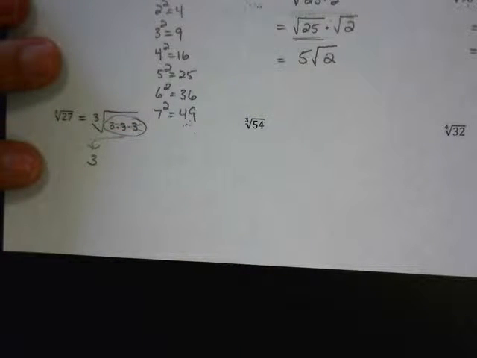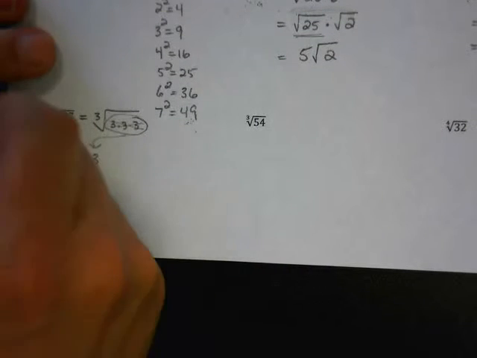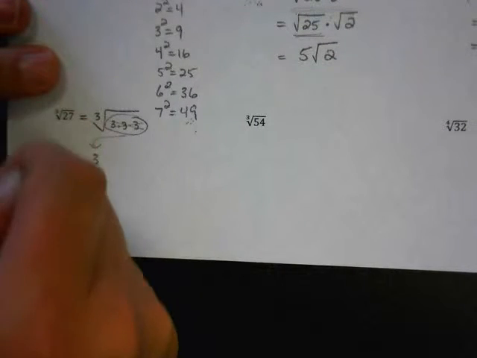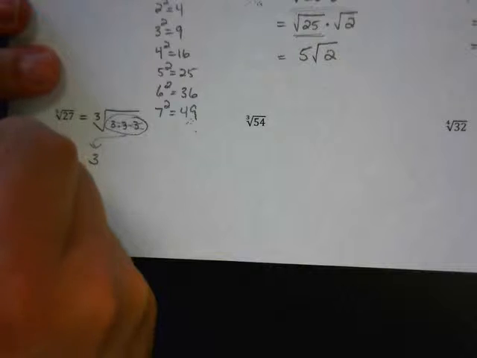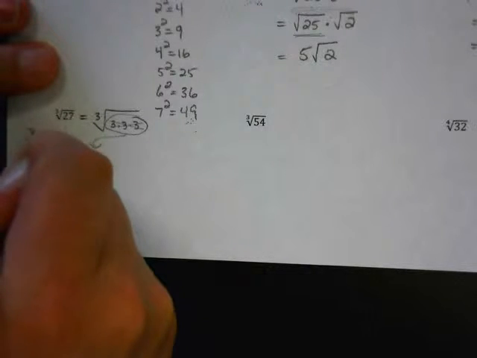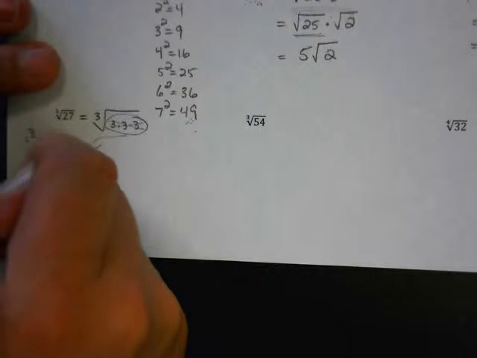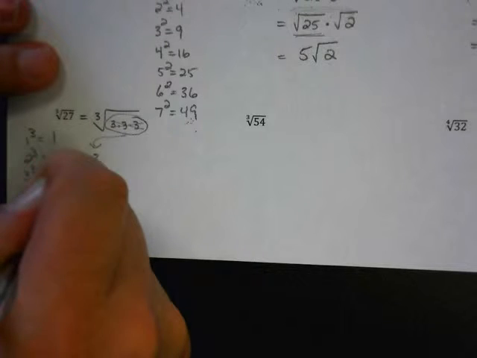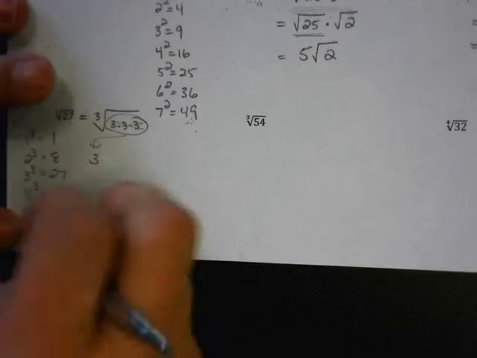So the cube root of 27 is 3. Or you can make your list as you go down through. What's 1 cubed, 2 cubed, 3 cubed, 4 cubed. And you can see with the powers, they're getting large quickly. What's 4 cubed?